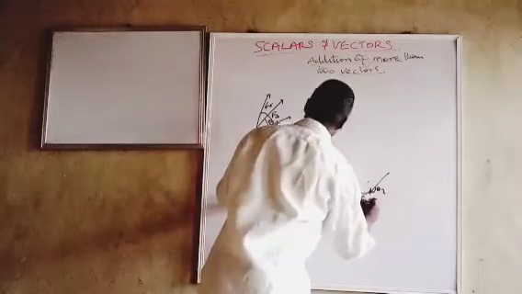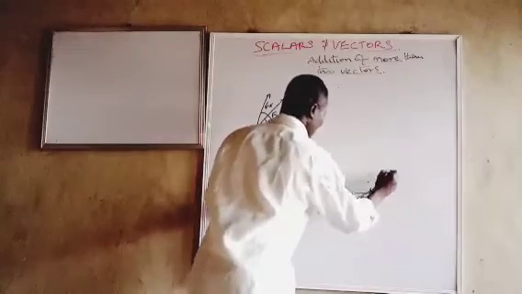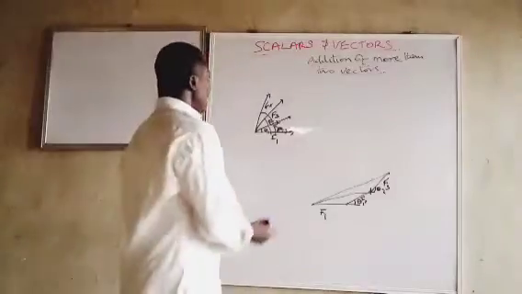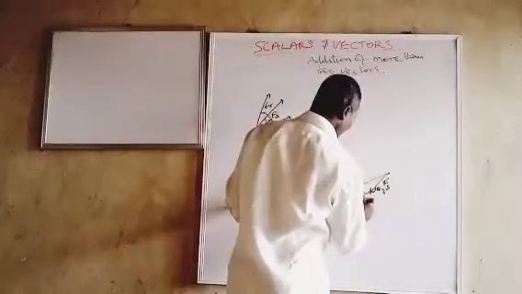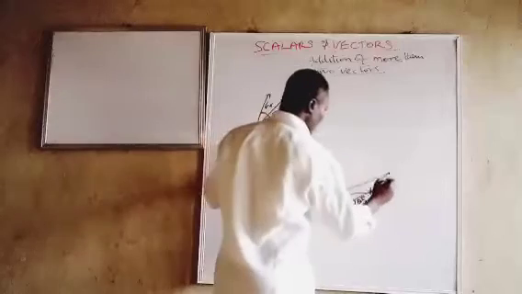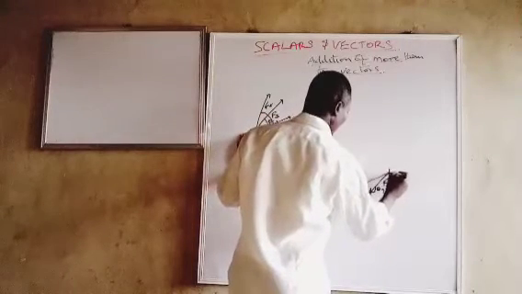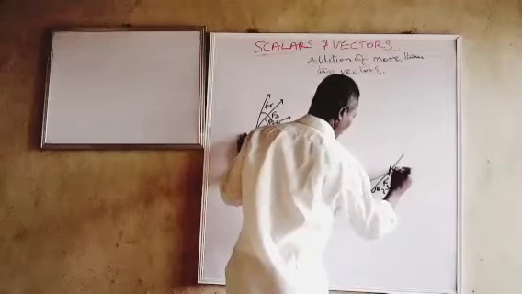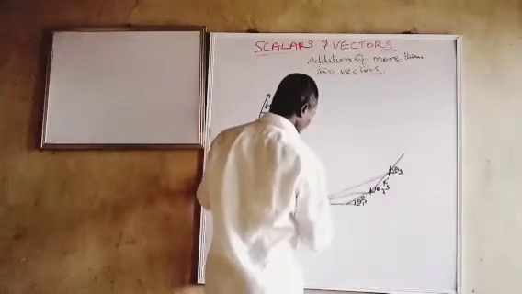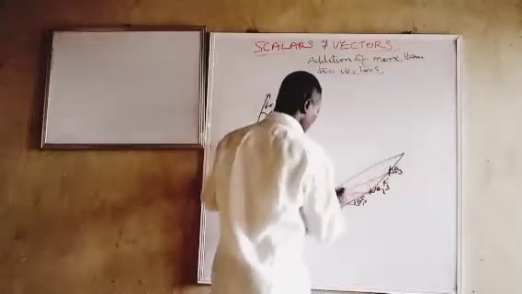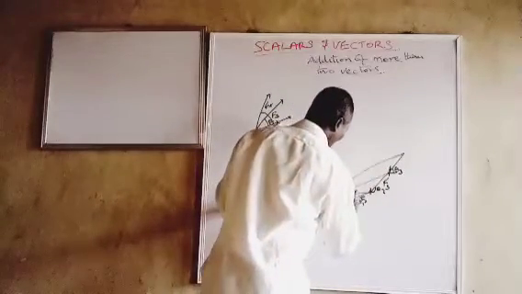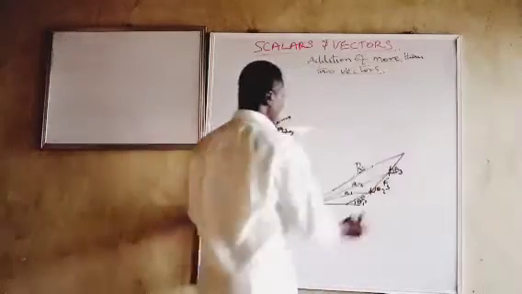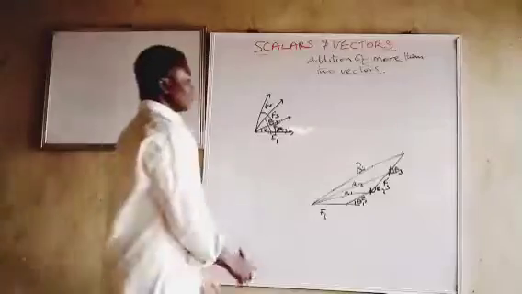Sorry, this is F2, F3. So I will have to do that, F2, F3. Now, again, can you see? So this will now be R1, R2, the R final. That will be my final resultant.